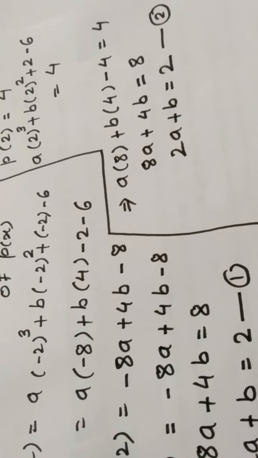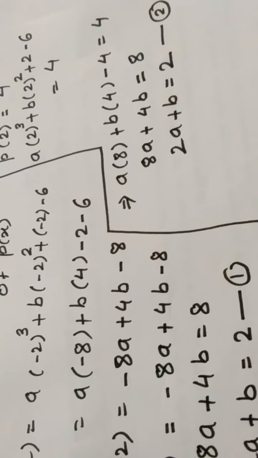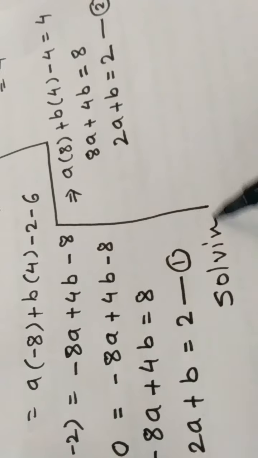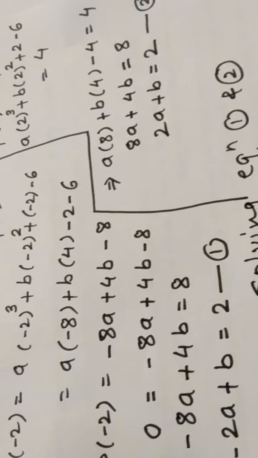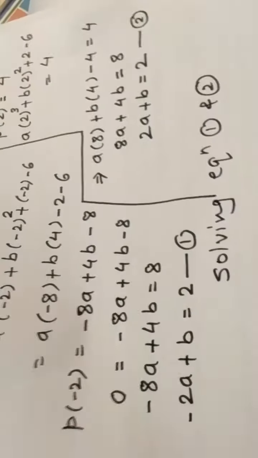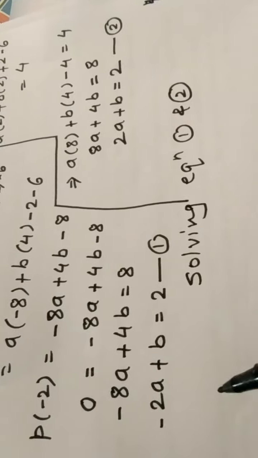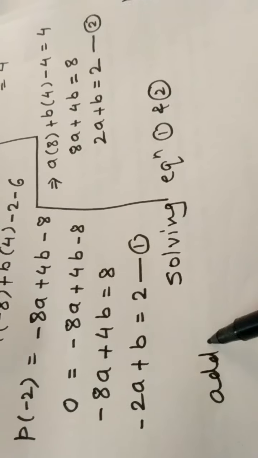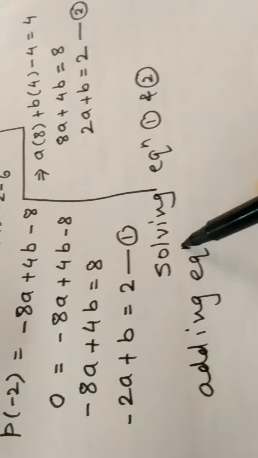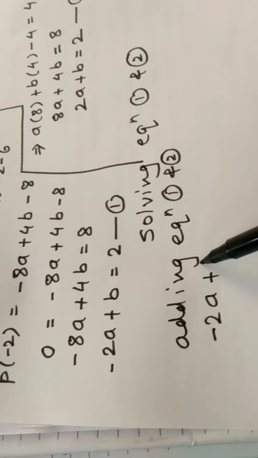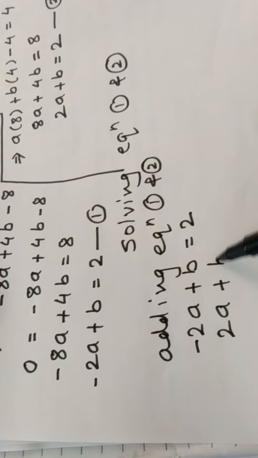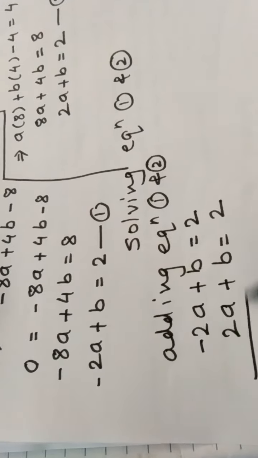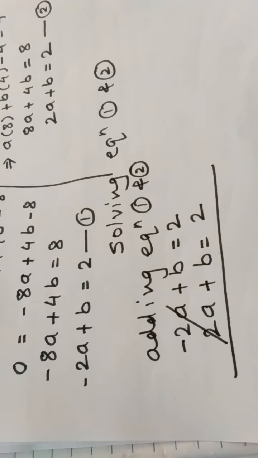Now we can solve equations 1 and 2 simultaneously. Solving equations 1 and 2, we get the values of a and b. Let us add. Adding equations 1 and 2: minus 2a plus b is equal to 2 and 2a plus b is equal to 2.